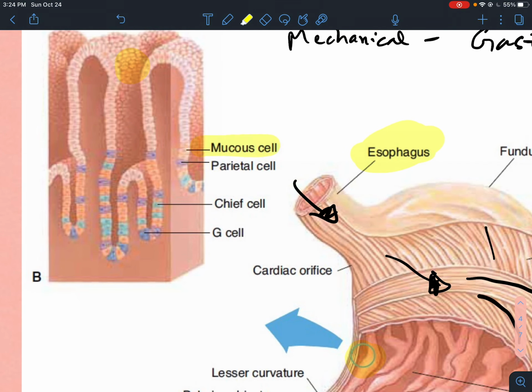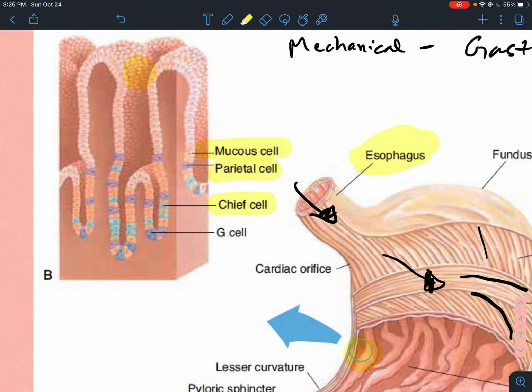We have the mucus cells, which make a lot of mucus to protect that stomach lining. We also have parietal and chief cells, which are going to be creating a very acidic environment and an environment for protein enzyme digestion.